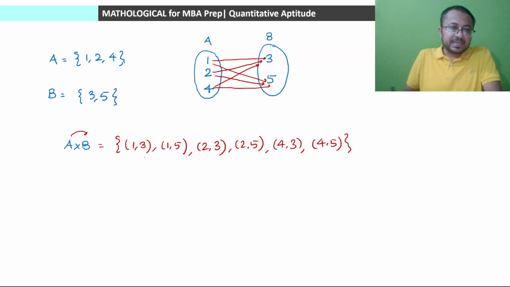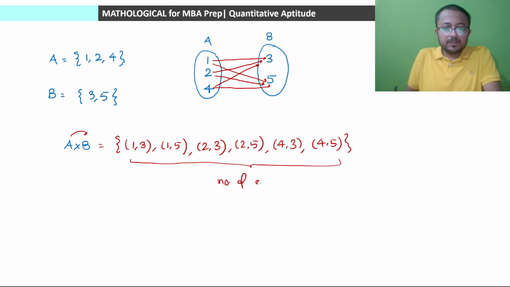How many elements will there be? Number of elements in A cross B. A cross B is also a set as such, okay? So what is the number of elements in A cross B? The number of elements is 6.